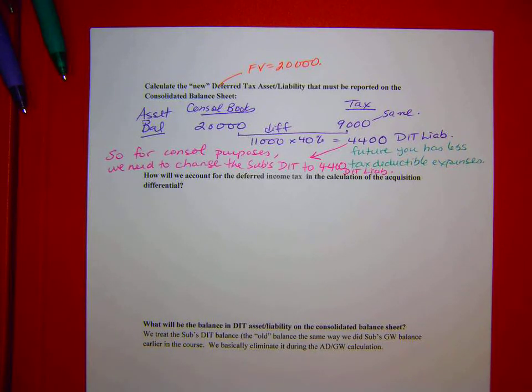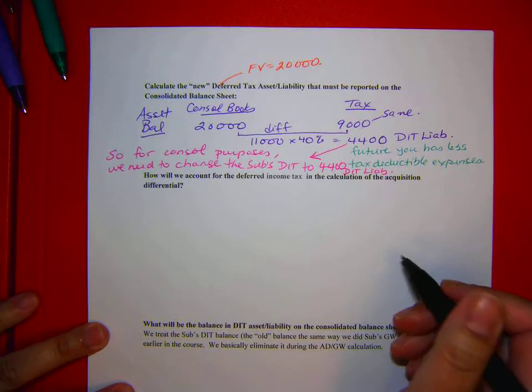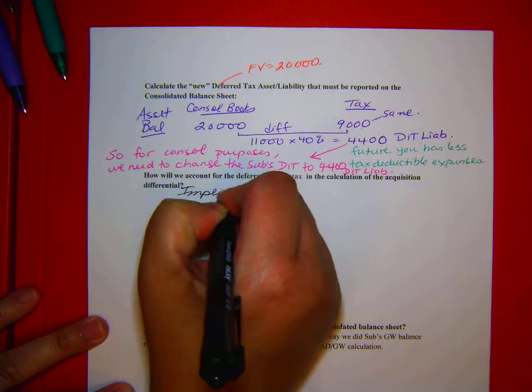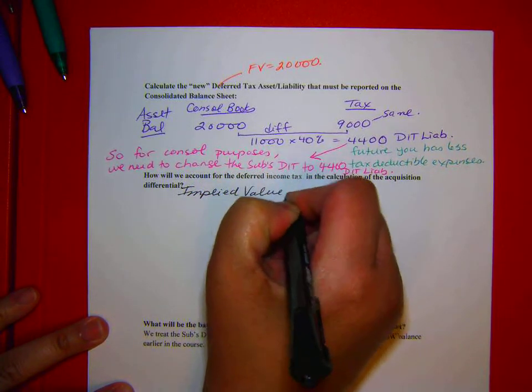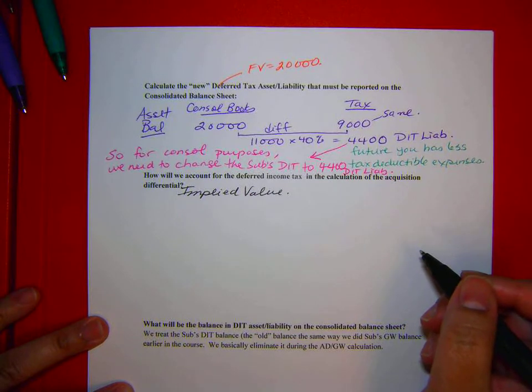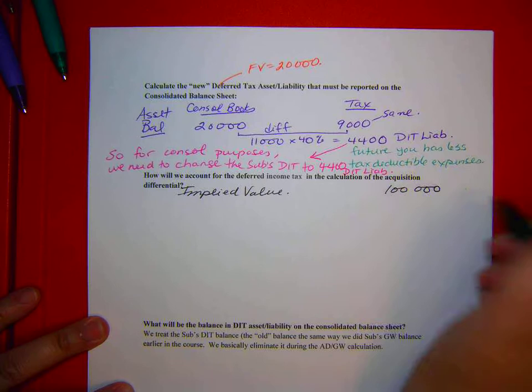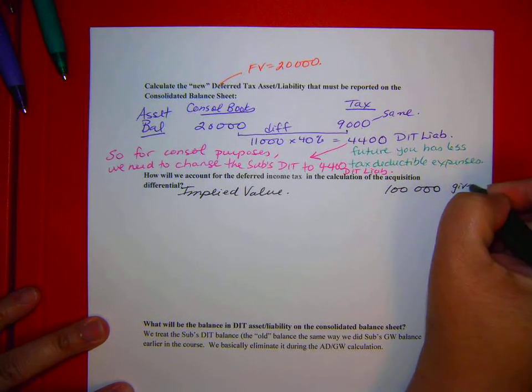So, we're going to take care of it in the calculation of the acquisition differential. So, this is going way back. We start with the implied value, which was already given on the last page as 100,000. They told you the implied value was 100,000, so that was given.